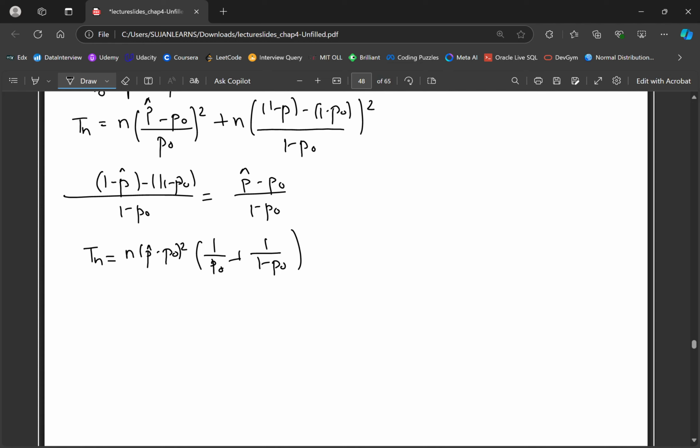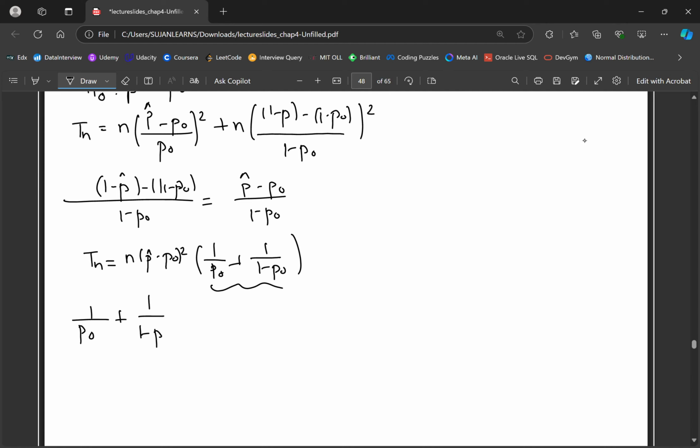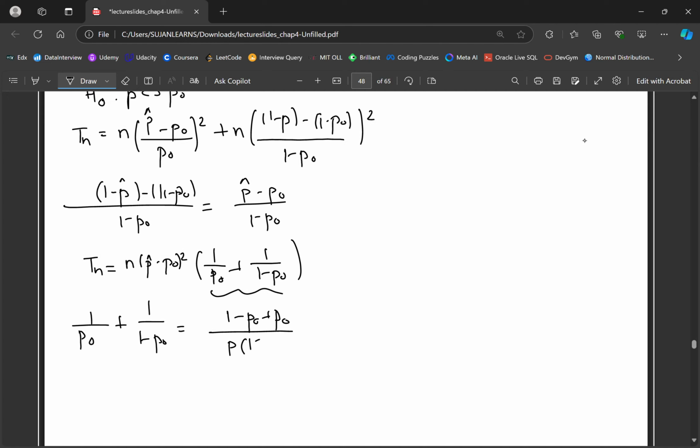Now we need to combine these two terms such that it is simpler. So 1 over p naught plus 1 over (1 minus p naught) becomes 1 over p naught times (1 minus p naught).